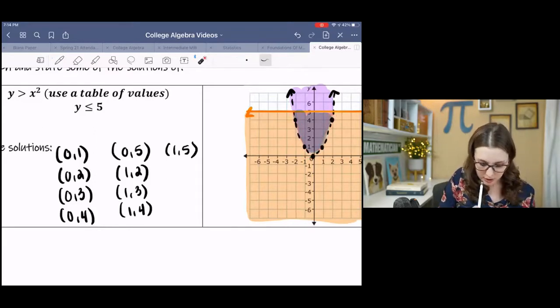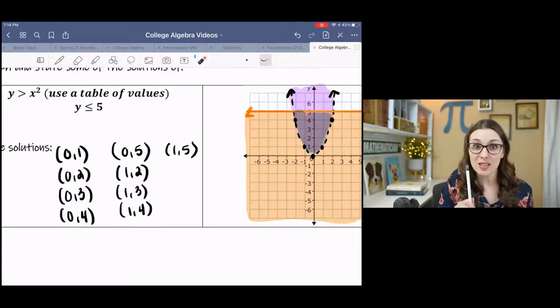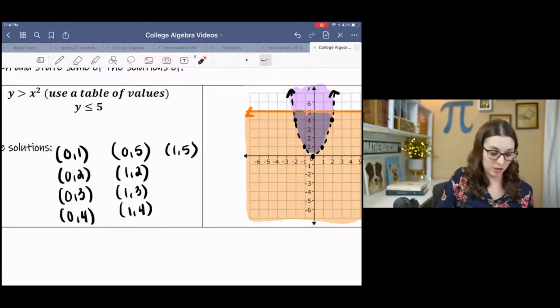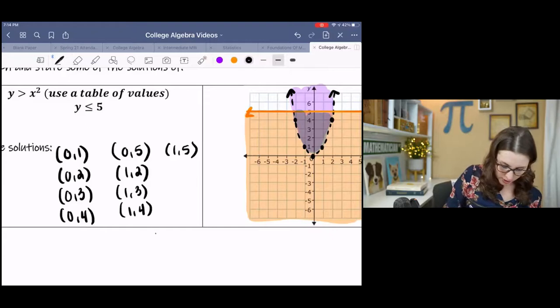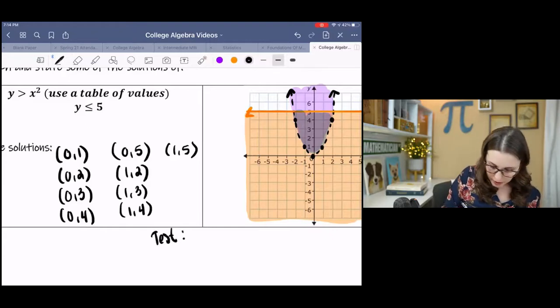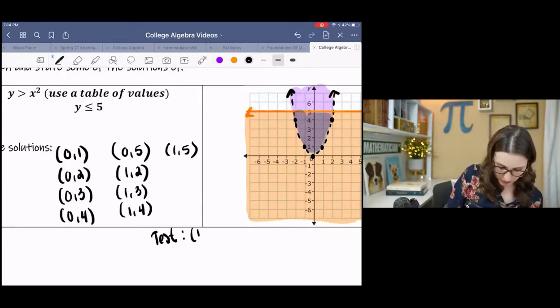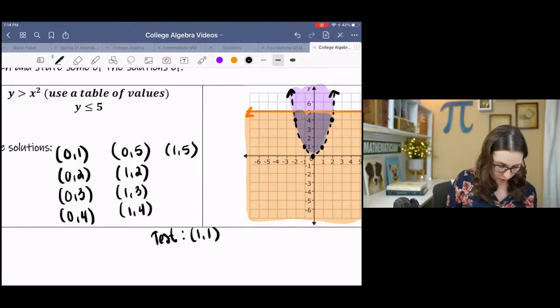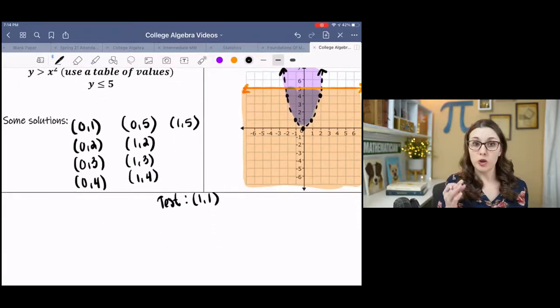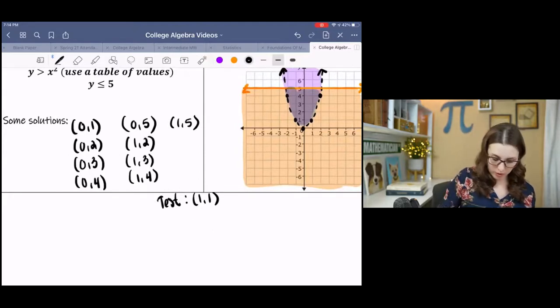And so let's test one of those values and see why it doesn't work. Let's test 1, 1. That's an easy one. So we're plugging in 1, 1 to both inequalities, and we want to see if it fits both inequalities.